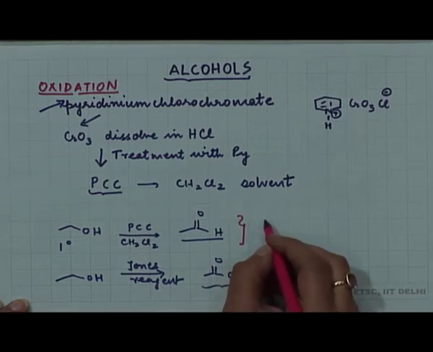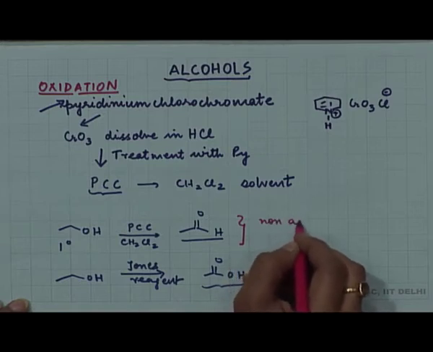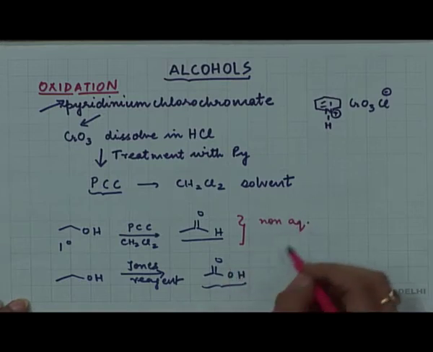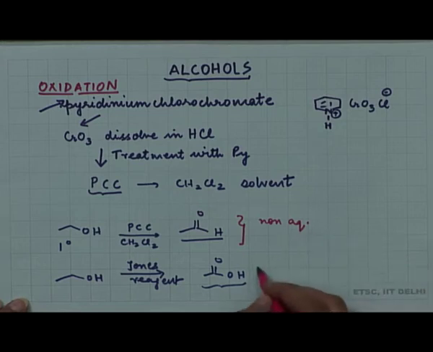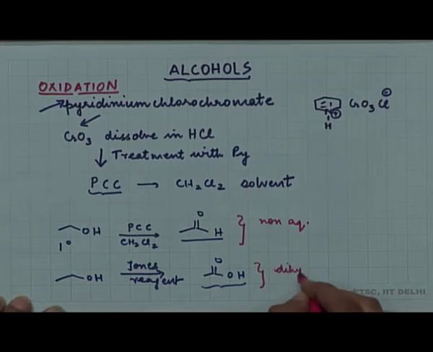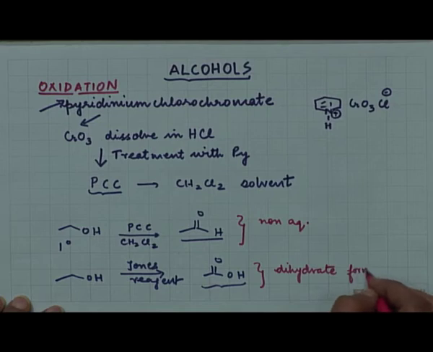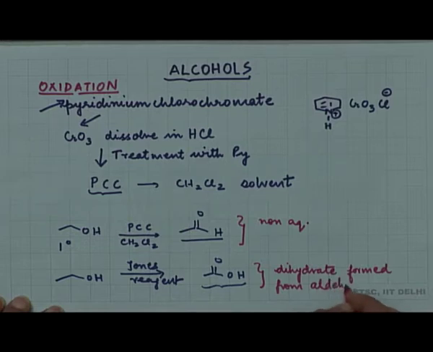As you can see here, the conditions which we are using are non-aqueous. And the reason why the aldehyde was changing into acid with the other chromium reagents was that in these cases there was a dihydrate being formed from the aldehyde. There was a dihydrate generated from the aldehyde under aqueous conditions.